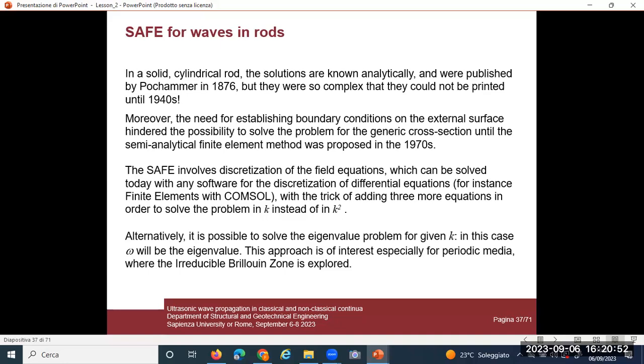So, as I was saying before, one approach is that you consider k as an eigenvalue and you plug in values of frequencies. Another approach, which is applied if you want to study band gaps, is exactly the opposite.